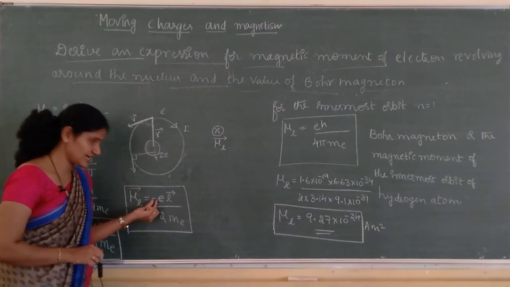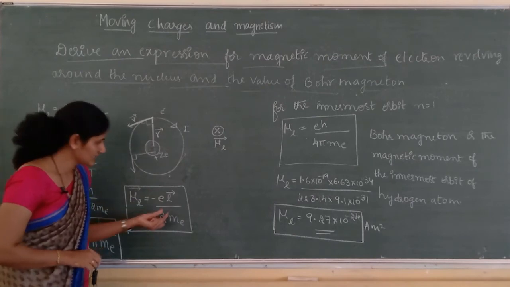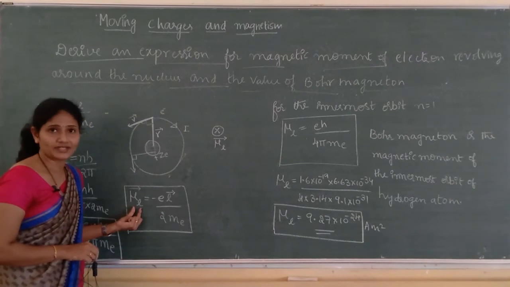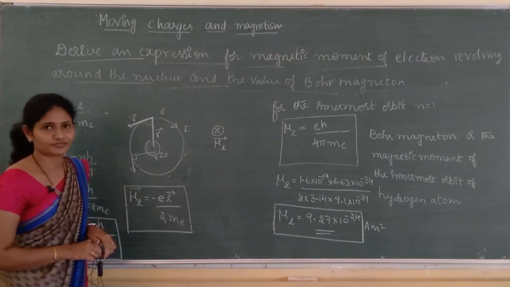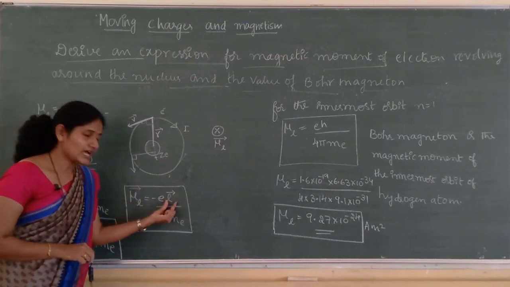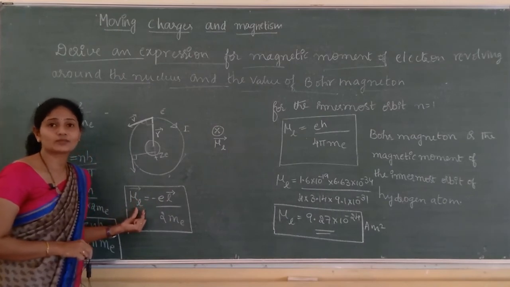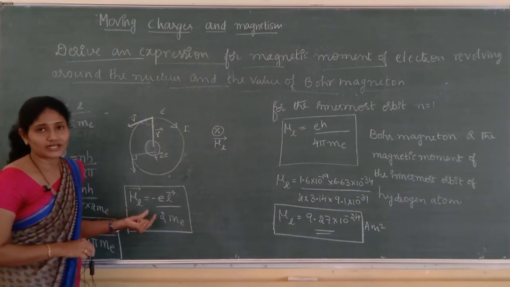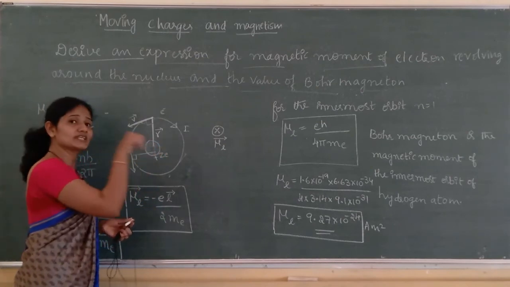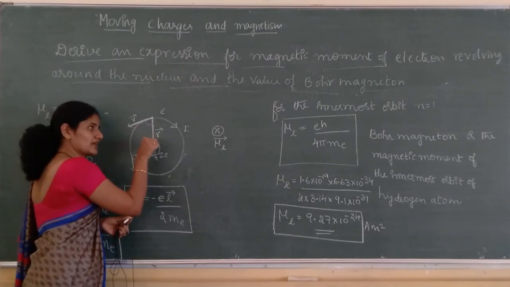The negative sign indicates that the direction of angular momentum and the direction of magnetic moment of the electron are opposite to each other. We know that the magnetic moment is into the plane because the magnetic field is into the plane. So, this is the direction of magnetic moment.